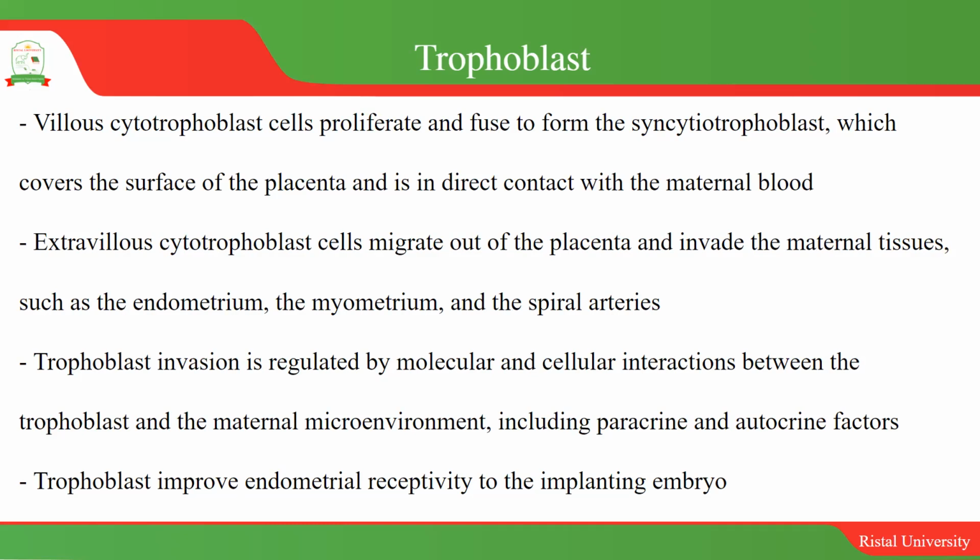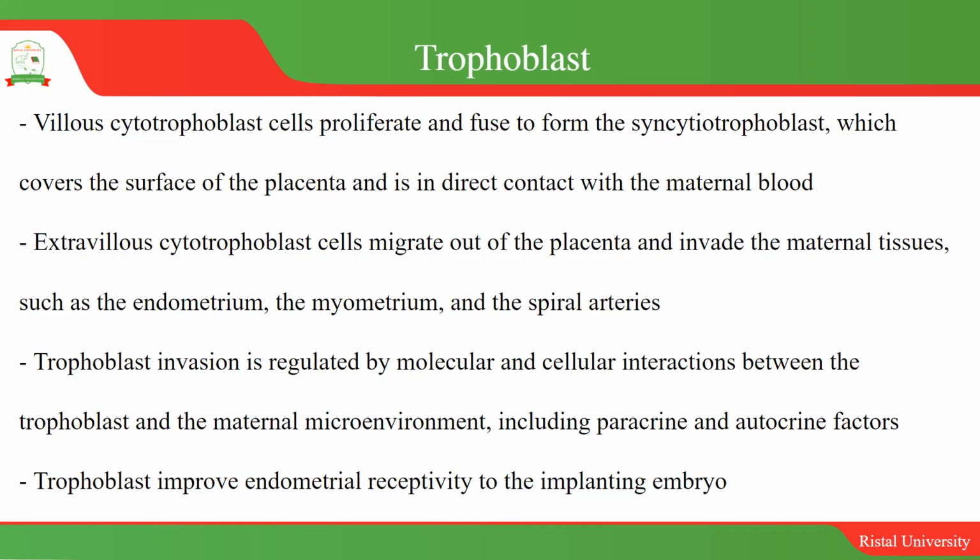So the process of implantation, we said that the trophoblasts are responsible, but this process has to be regulated. Okay, and this regulation is by molecular and cellular interactions between the trophoblasts and the maternal microenvironment, which include factors, or what we call autocrine and paracrine factors.